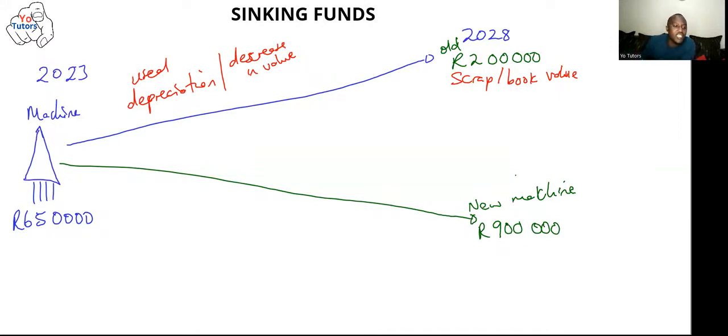There is an appreciation in terms of the price. What causes appreciation is inflation, the increase in prices. You know that the price of bread that we bought last year, 2022, is now different. It has increased. The same applies to the machine. So this is due to inflation: the price increases.